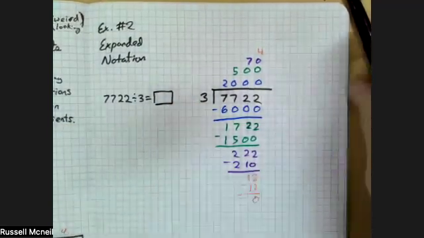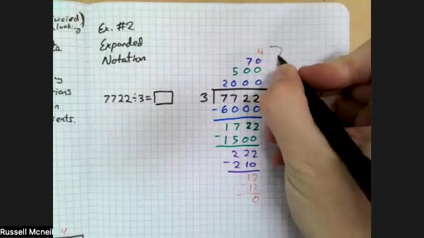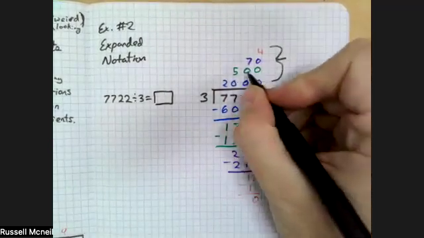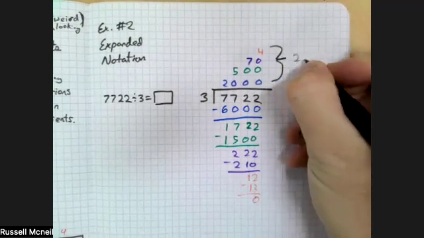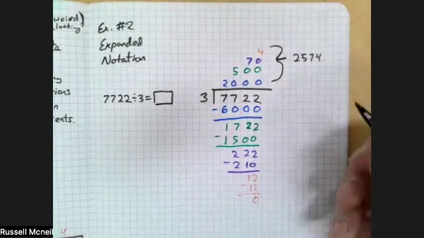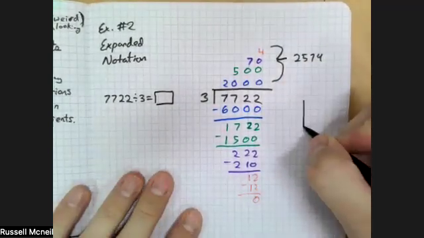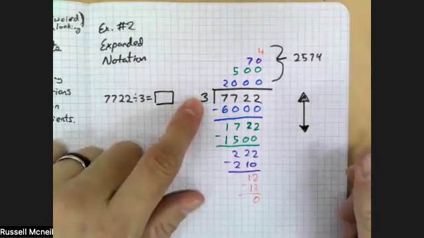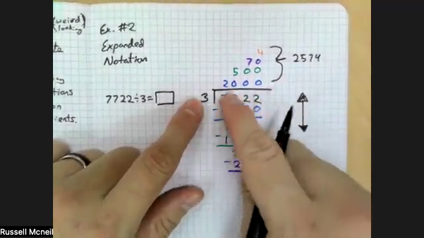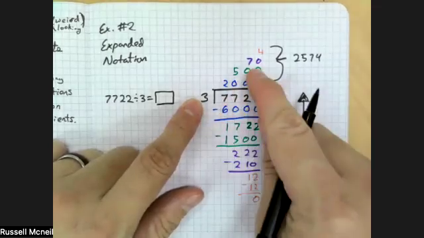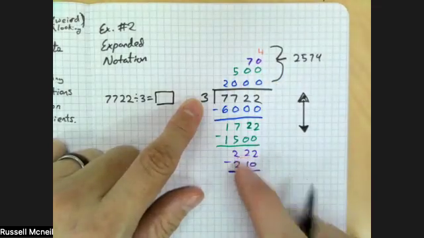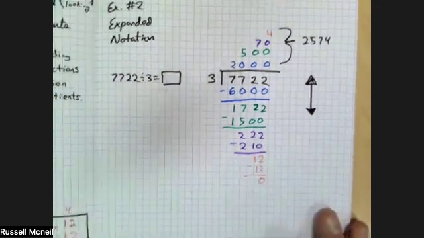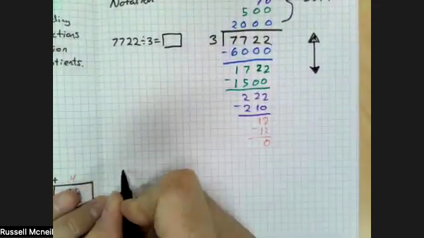Now, this is the answer here at the top. Our answer is up here, 2,574. Hardest part about this model is you're working in 2 directions. Our divisor stays stationary, but we work up, we work down, we work up, we work down, we work up, we work down. Right.